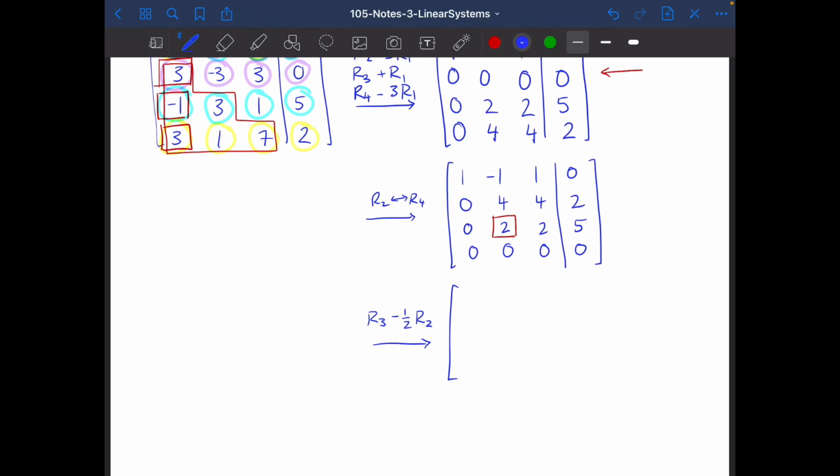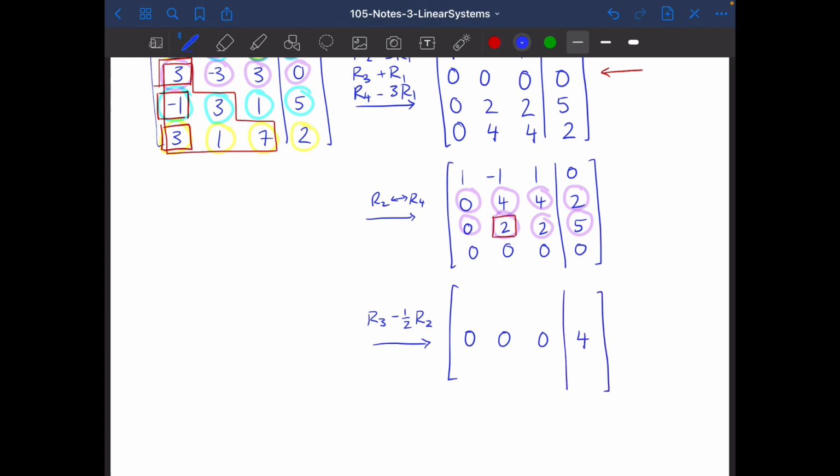So row 3 is the row that's changing. 0 minus 1/2 times 0 is still 0. Next, I have 2 minus 1/2 times 4. That's 2 minus 2, which is 0, which is what I wanted. Next, I have 2 minus 1/2 times 4, which is 2 minus 2 again, and so I have another 0. And then I have 5 minus 1/2 times 2, so 5 minus 1, that gives me 4.